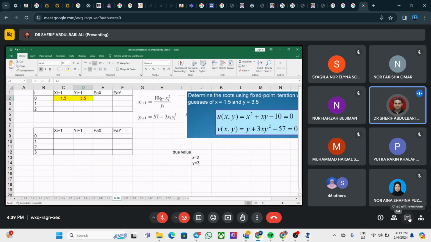What is the answer going to be? 10 minus 1.5 over 3.5. So x is going to be equal to 2.21429. You are using the initial values inside this equation, so you're supposed to get the answer of 2.21429.